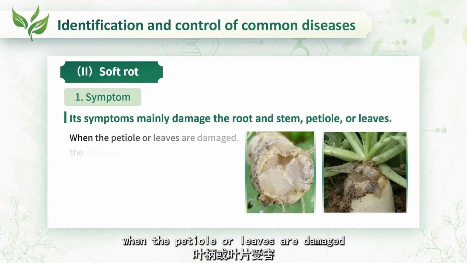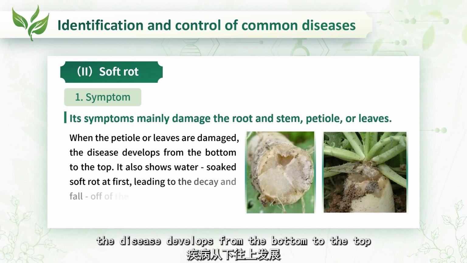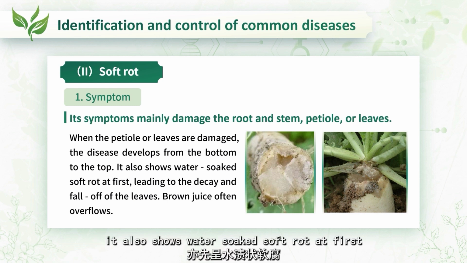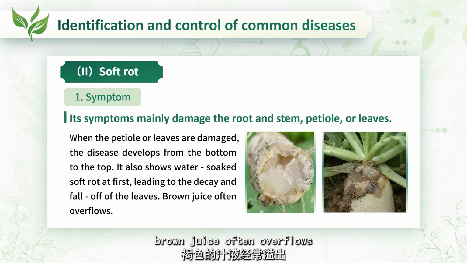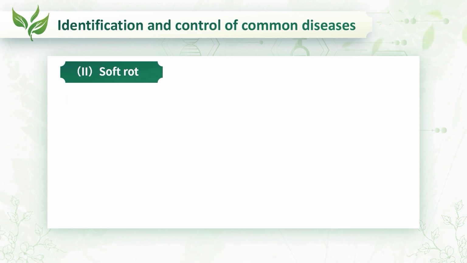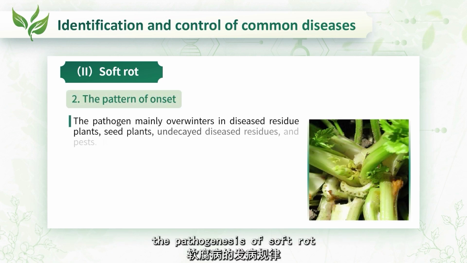When the petiole or leaves are damaged, the disease develops from the bottom to the top. It also shows water-soaked soft rot at first, leading to the decay and falling off of the leaves. Brown juice often overflows.